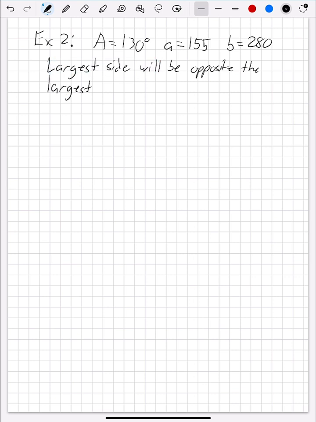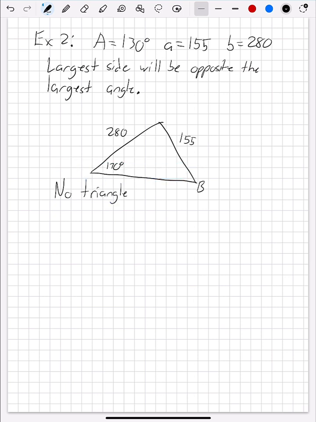So if we draw this triangle here, A being 130 degrees down here, 155, but 280, that would mean that my angle B would have to be larger than A. However, because A is 130 degrees and I can't exceed 180 degrees, this would mean that no triangle is possible with these measurements.